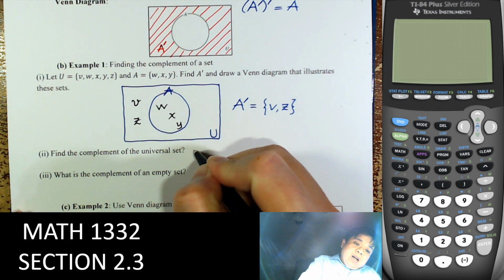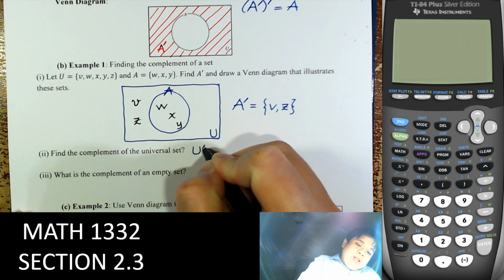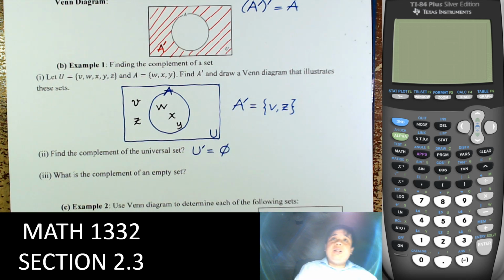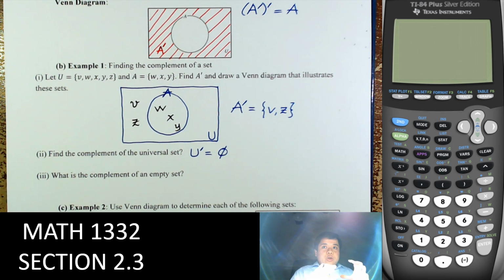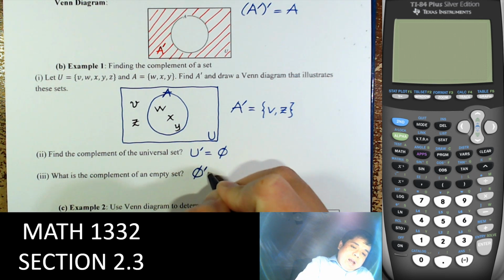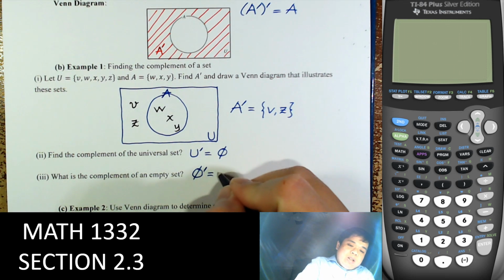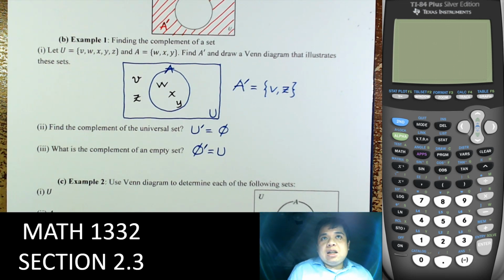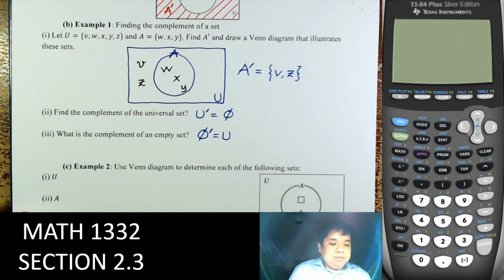The complement of the universal set is an empty set, because there's nothing that is not in the universal set. And what is the complement of an empty set? If it is outside the empty set, pretty much everything is outside the empty set. So the complement of an empty set is the universal set.